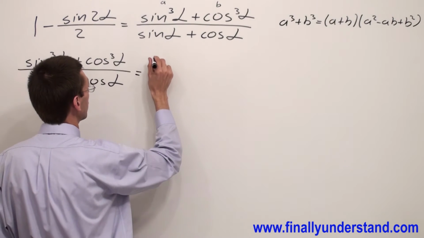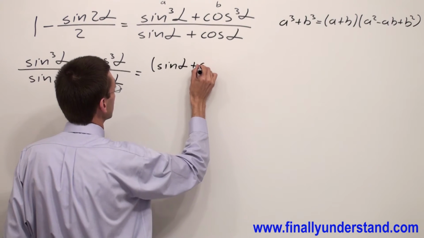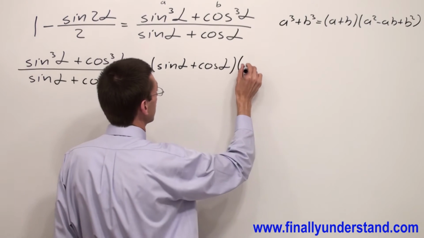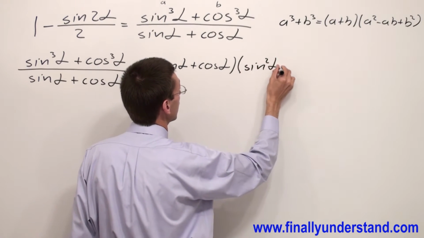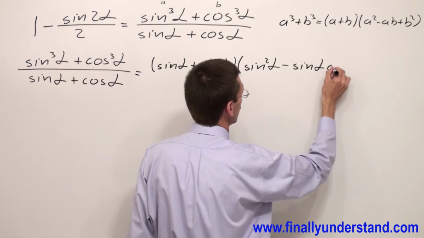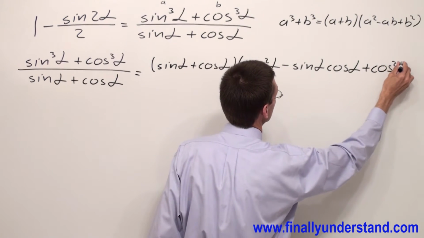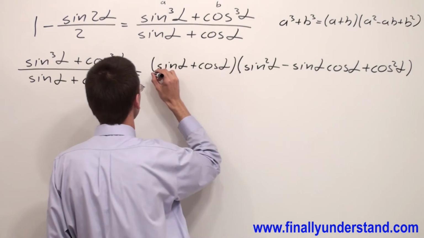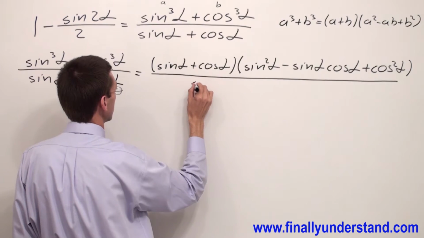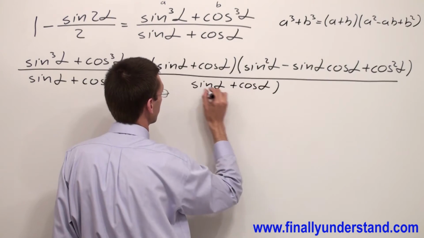And we have sine alpha plus cosine alpha times sine squared alpha minus sine alpha cosine alpha plus cosine squared alpha, over sine alpha plus cosine alpha.